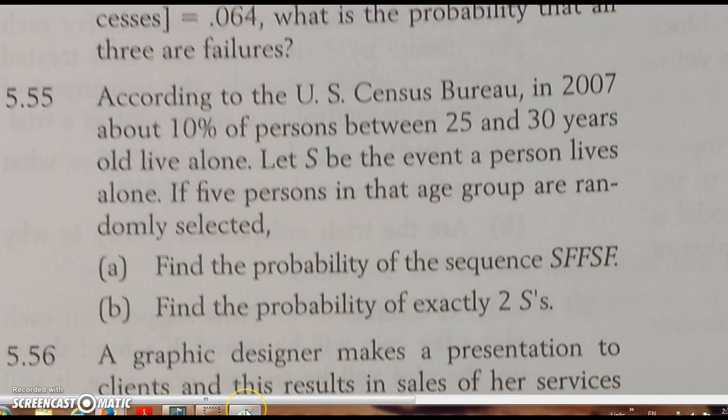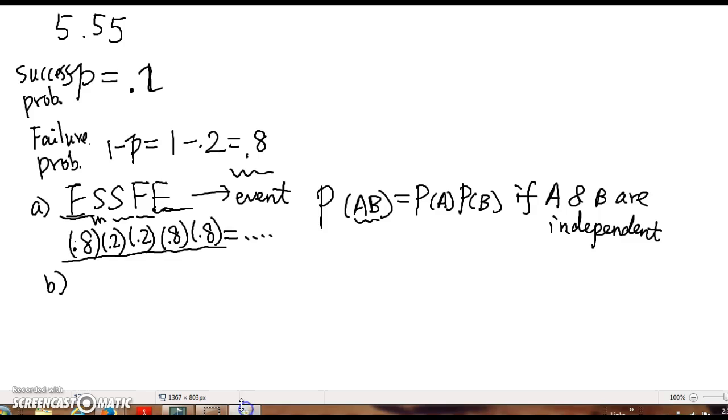So let's say in my case, 2 successes. What's the difference between part A and part B? In part A, these 2 successes are specifically from the second person and third person.